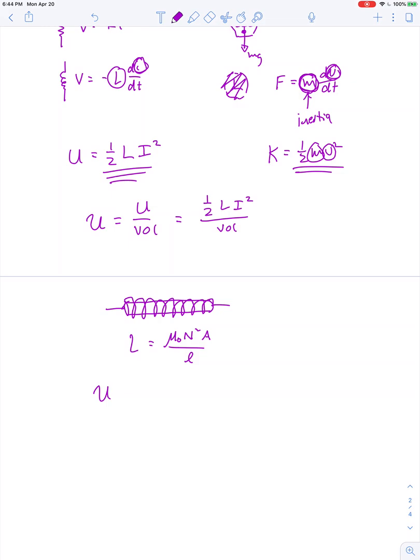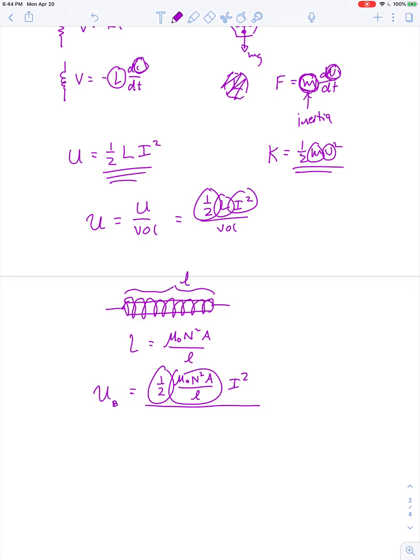The energy density of the magnetic field is equal to 1/2 times mu naught n squared A over L, so we've got the 1/2, we've got the L. Okay, now we need I squared, and all that divided by volume. Well, let's say this solenoid has a length of L and a cross-sectional area of A, so our volume would be just A times L.